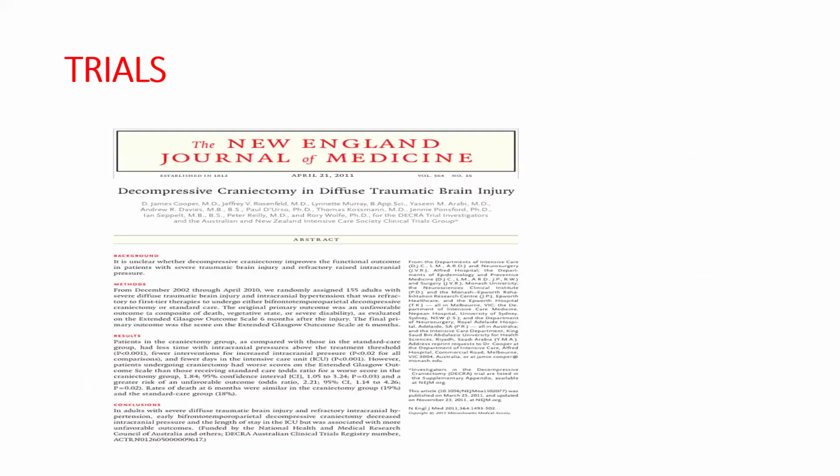So these are the two trials. The DECRA trial, published in 2011 in the New England Journal of Medicine, concluded that in adults with severe diffuse traumatic brain injury and refractory intracranial hypertension, early bifrontotemporoparietal decompressive craniotomy decreases intracranial pressure and length of stay in the ICU, but was associated with more unfavorable outcomes.